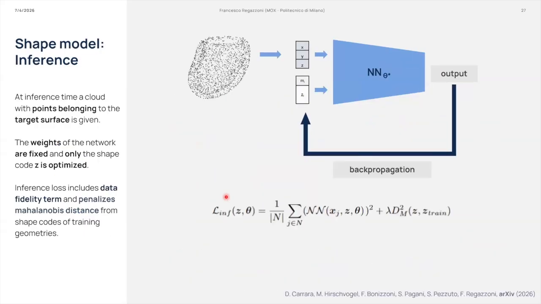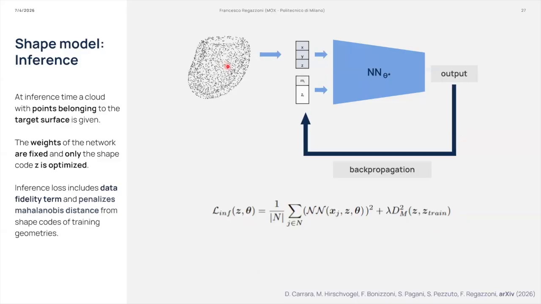So how does inference happen? Here we represent geometries in a very flexible way. Going towards application, we imagine that we just have a point cloud of points belonging to the surface of the geometry. So what we do is that we solve a minimization problem where the loss function is given by the values of the shape model on the points belonging to this point cloud.